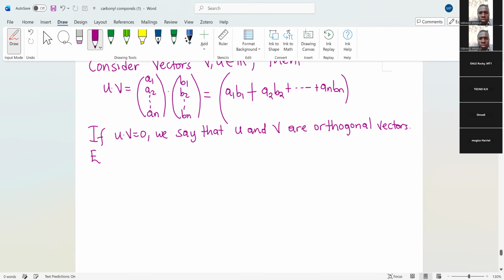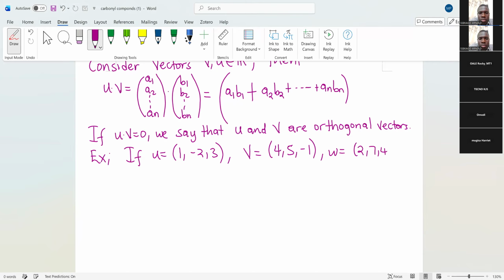An example. If u is 1, -2, 3, and v is 4, 5, -1, and w is 2, 7, 4.